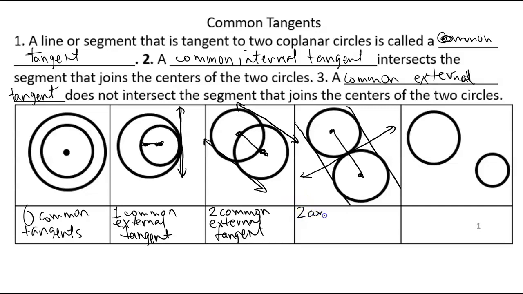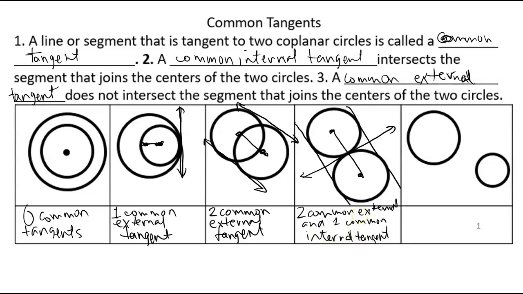So I have two common external and one common internal tangent. So a total of 3.